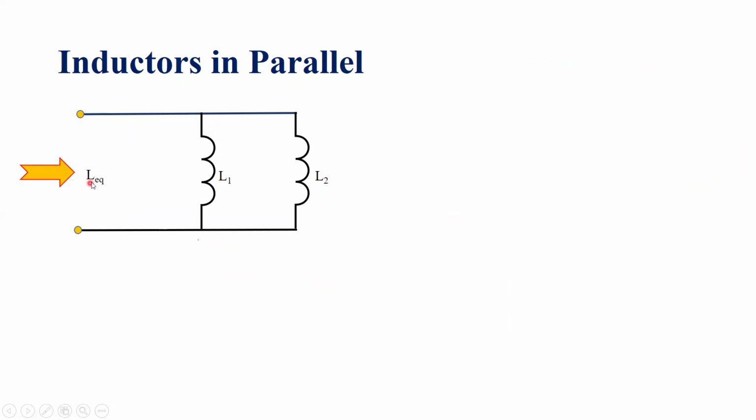In that case, L equivalent can be calculated as, first take 1 over L equivalent, that will be equal to 1 over L1 plus 1 over L2, and therefore L equivalent will be equal to 1 over this term. So this L equivalent will be the reciprocal of this term.